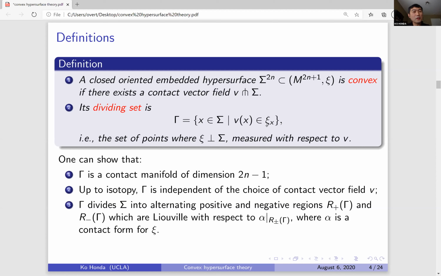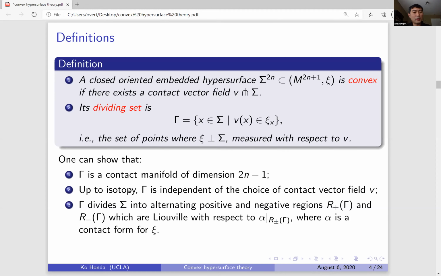It's a hypersurface inside Sigma, with dimension 2n minus 1. A contact submanifold is one such that if you restrict the contact structure to this submanifold, it stays contact. And up to isotopy, Gamma is independent of the choice of contact vector field.